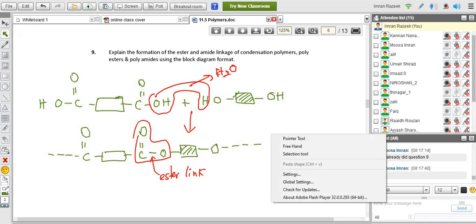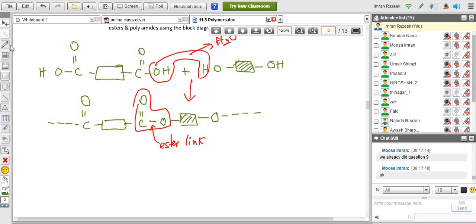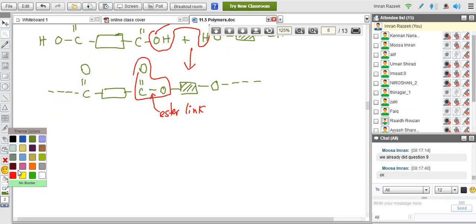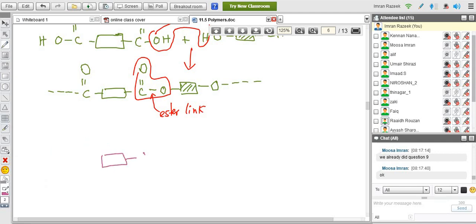The amide link is formed when a dicarboxylic acid reacts with a diamine. So you have a dicarboxylic acid. You can just draw it in a box notation, that's allowed because you're not supposed to know the structures. This is the dicarboxylic acid reacting with a diamine. Diamine means two amine groups, and the amine group is the NH2 group.